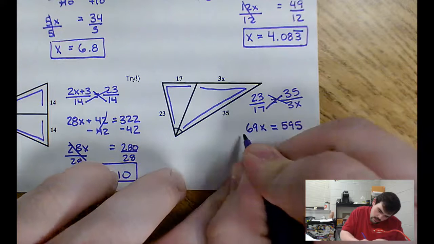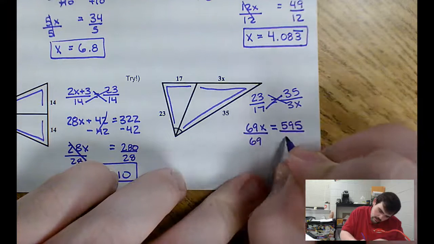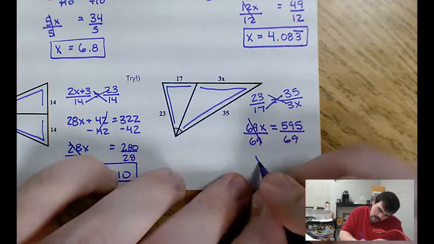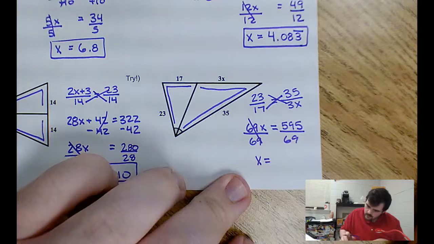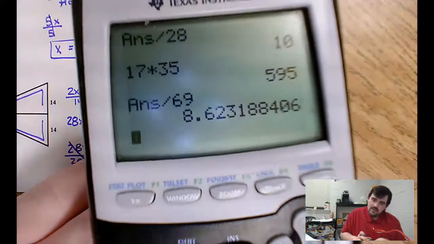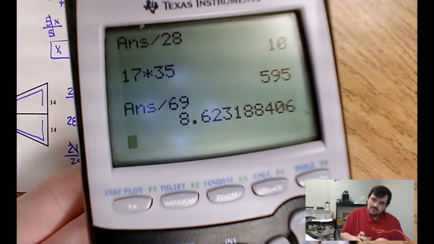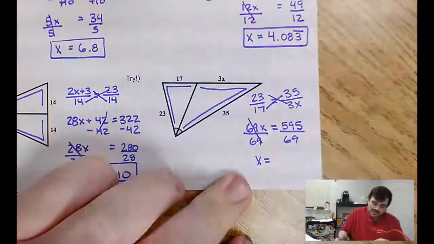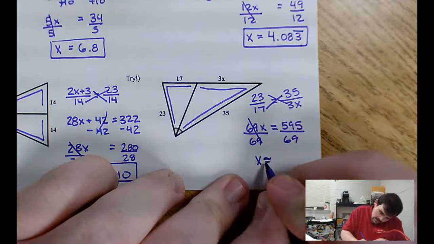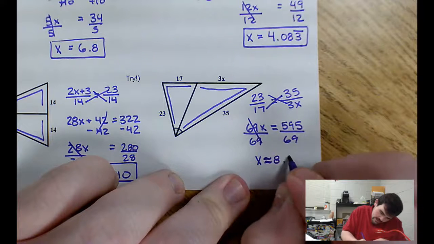Divide by 69. So x equals whatever that is divided by 69. And I got 8.623 and so on. Since it doesn't repeat or anything like that, I'm just going to say 8.6. So x is approximately 8.6.